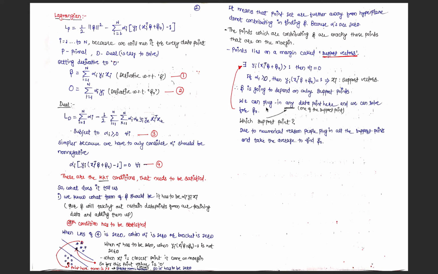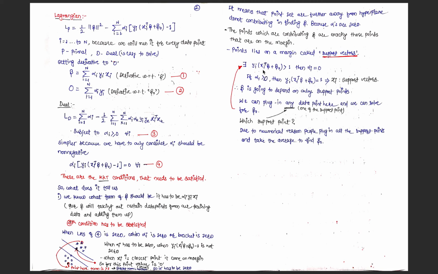Suppose we have to find beta naught. Then we can plug any support point into this equation and get beta naught. But the question is, which support point should we put? Due to some numerical reasons, we put in all the support vectors.